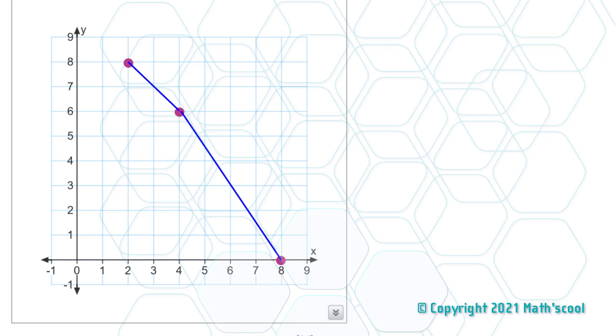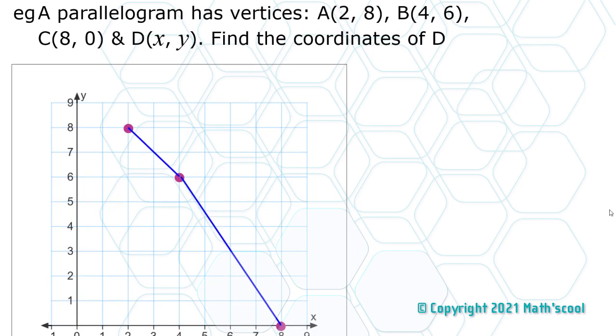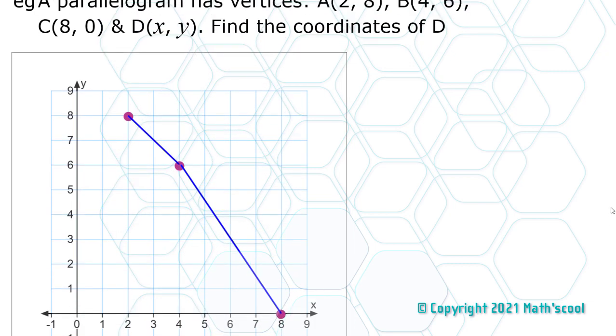And then it says find the coordinates of the third vertex. And so first of all, I need to draw the parallelogram because only then could I work out the coordinates of the third vertex. And the way I draw the parallelogram is I would clone this and put it onto here. And I would clone this.